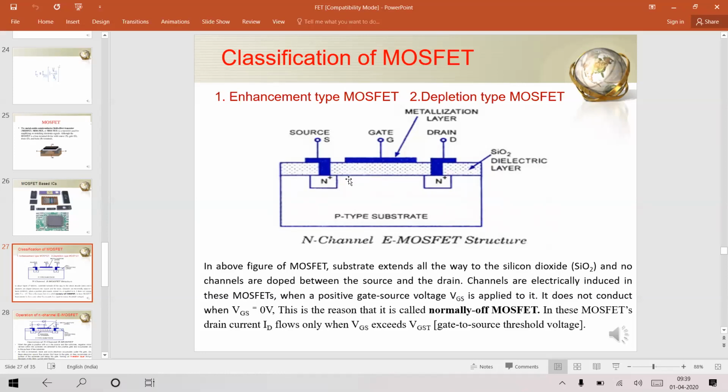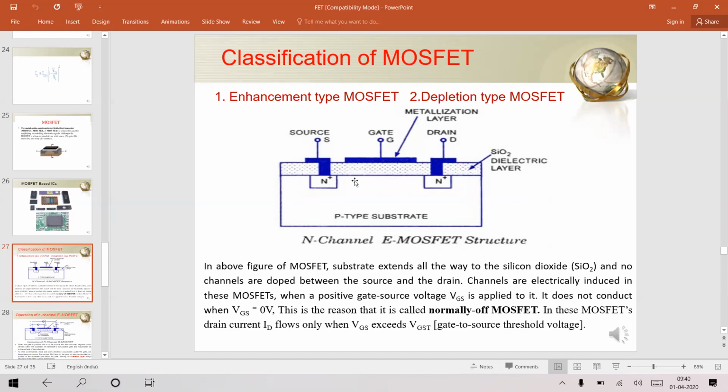But there should be a path for the current flow that you have to establish. We call it a channel, in MOSFET or even in FET, that should exist between source and drain so that current can flow easily. So you have to establish the channel. How to establish that channel?